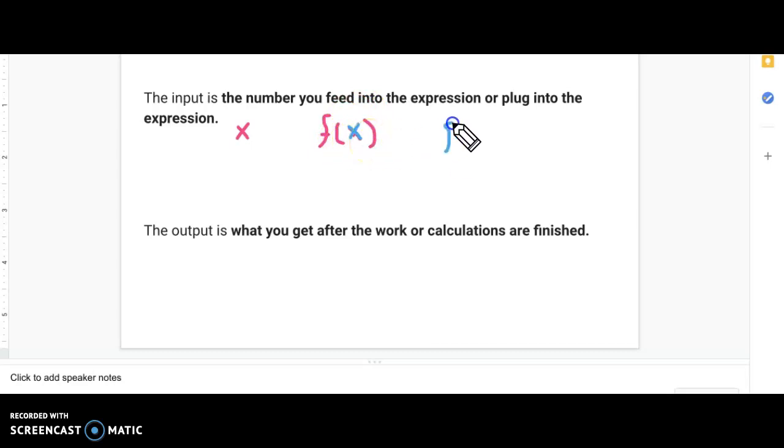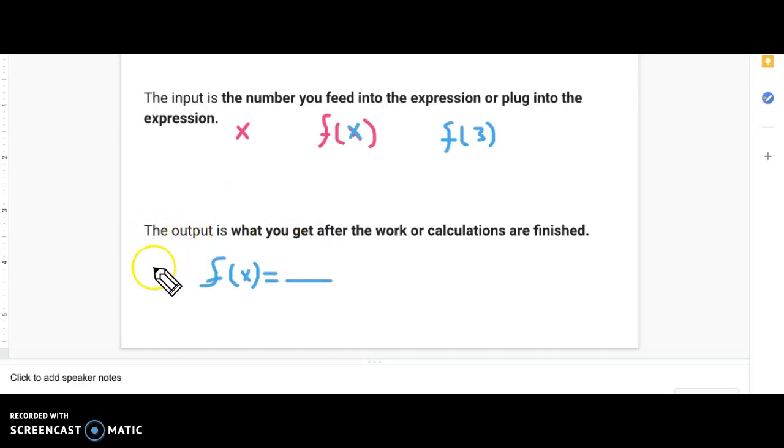So if it says f of 3, it's telling you 3 is the number to plug in. 3 is your input in this problem. The actual answer that you get out of this, so whatever f of x actually equals, that is going to be your output.